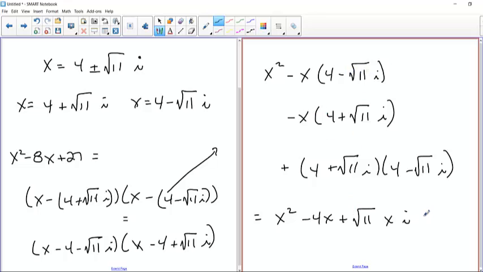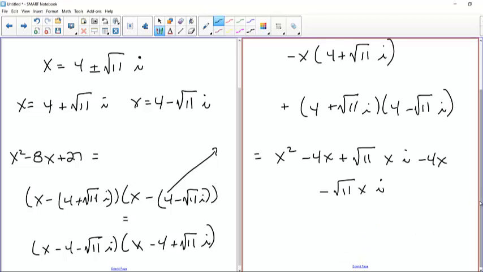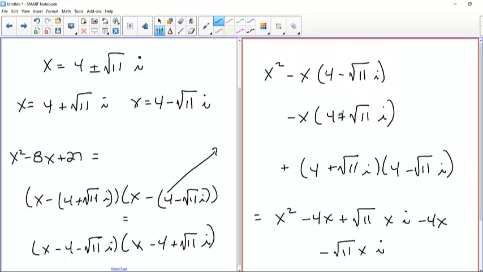Then you'll have the next one, which will be minus 4x. So you get minus 4x, and then negative x times plus the square root of 11. So it becomes minus the square root of 11x times i. Okay, so that's these terms.